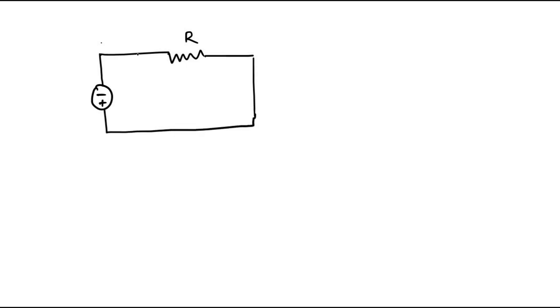So here it is minus plus, the polarity is reversed, so here it becomes minus VDC.